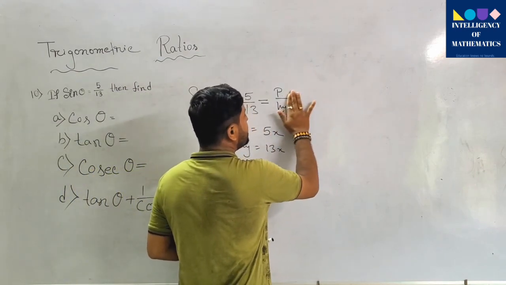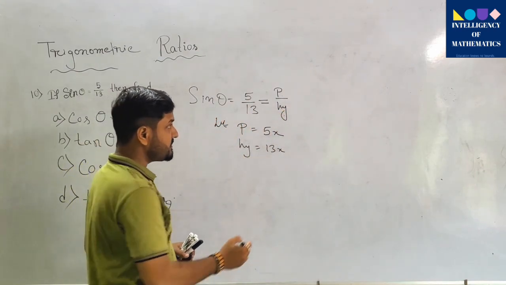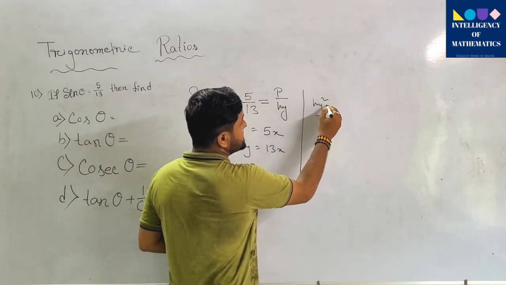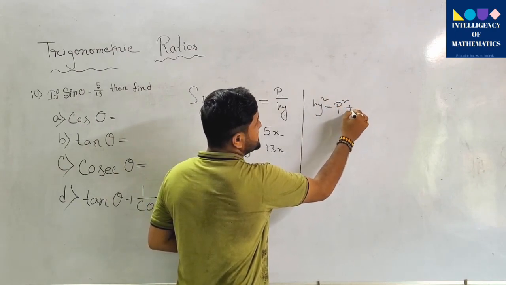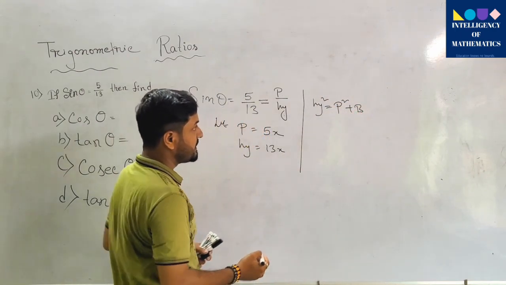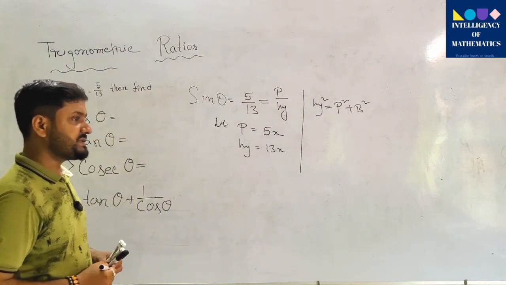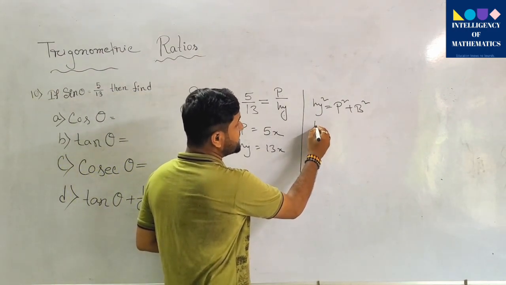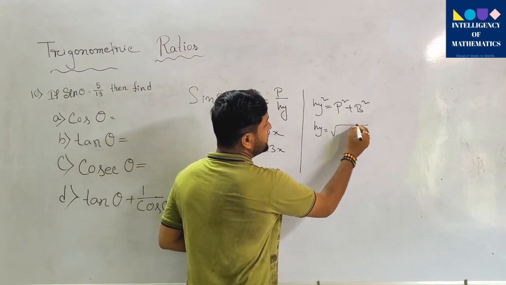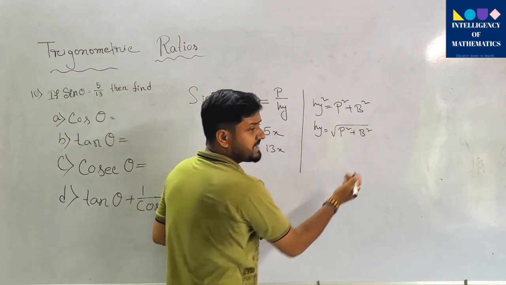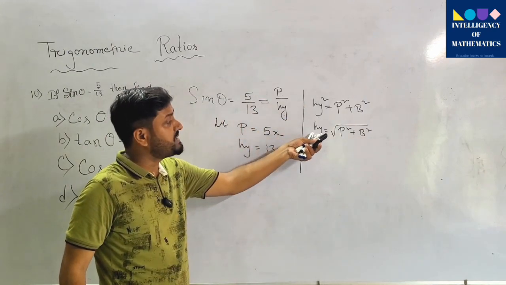Now we have the Pythagoras theorem. The basic Pythagoras theorem is hypotenuse square equals perpendicular square plus base square. From here we can take out three things. If we need only the hypotenuse, since the square is there, the square root comes on the other side.